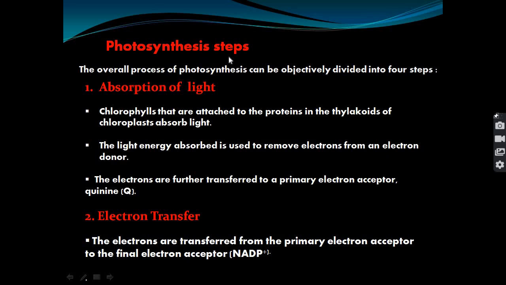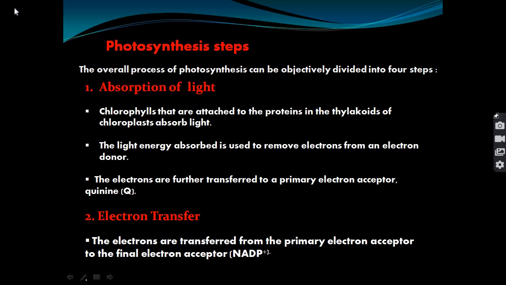Coming to the photosynthesis steps. The process of photosynthesis can be mainly divided into 4 steps. The first step is absorption of light. As I told you, plants absorb light. So how do they actually absorb light? Chlorophyll that is attached to the proteins inside the thylakoids of the chloroplast absorbs light.